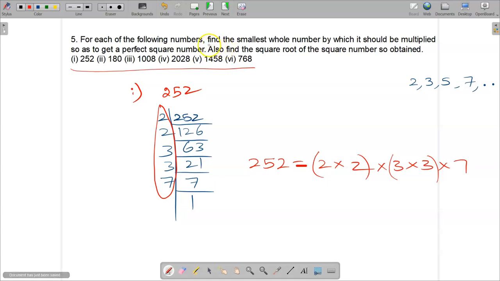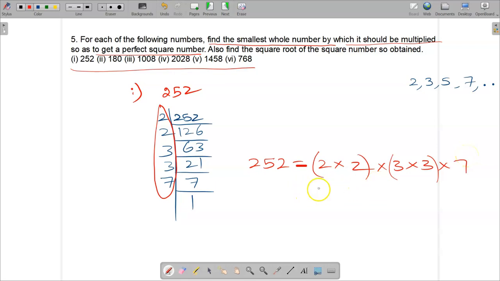So we are going to find the smallest whole number by which it should be multiplied to get a perfect square number. In order to make this number a perfect square, these two are occurring in a pair, these two are occurring in a pair, only the thing is 7 is not in a pair, okay.